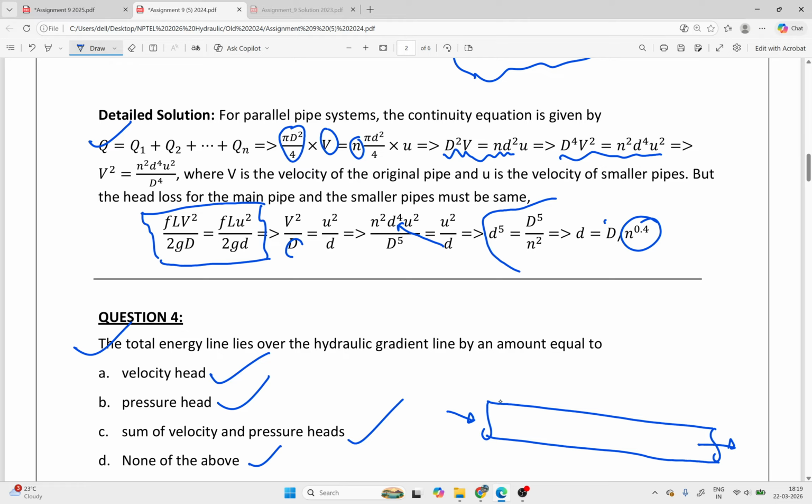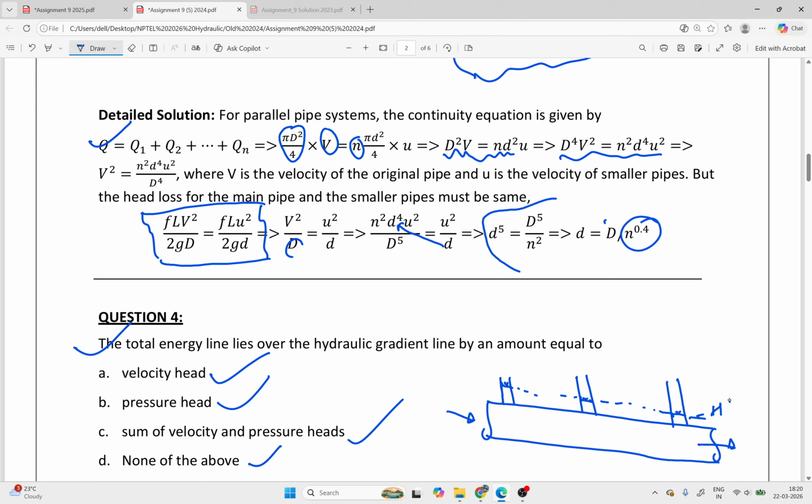Now, your hydraulic gradient line is nothing but you insert one piezometer here, and here also, and here also. So what you will see, the head is here, then the head is like that, then the head is like that. So this is nothing but your HGL, that is the hydraulic gradient line.